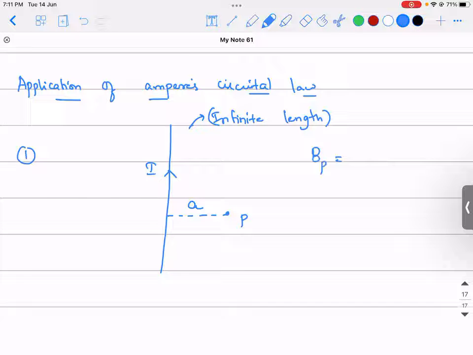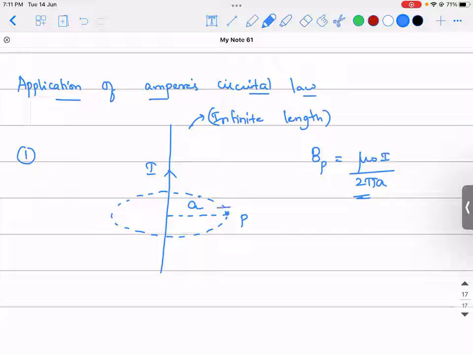then I know that the magnetic field at point P is going to be equal to mu naught I divided by 2 pi A. So when that is the scenario, I will take an Amperian loop like this. It is something similar to Gauss law only.